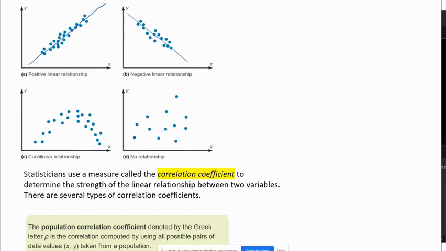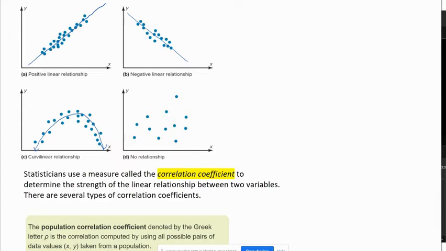Okay. And then in graph C, sometimes we have data where there appears to be a clear relationship, but it might be some kind of a curve. We call that a curvilinear relationship. For example, in this one, it might be a parabola, or we might have other curves that fit, maybe an exponential type curve.